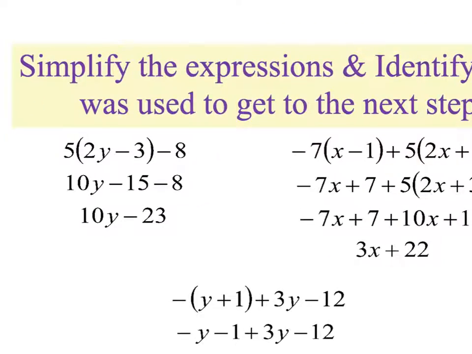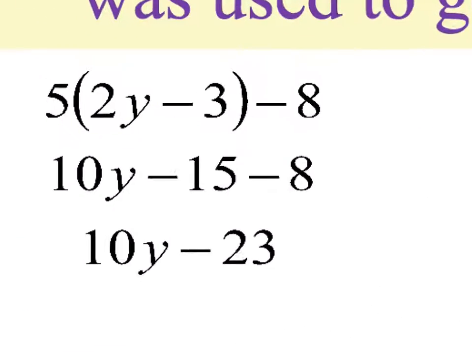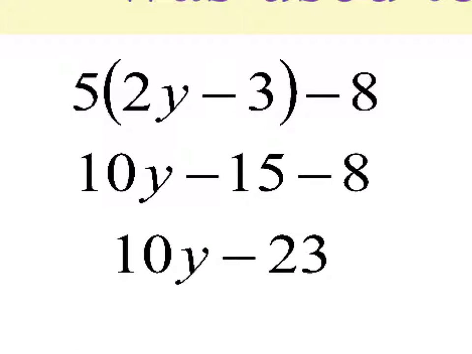So simplifying the expression and identifying what was used to get to the next step. We're going to look at our 5 times 2y minus 3. We start by distributing our 5 to the 2y, and then we distribute our 5 to the negative 3.